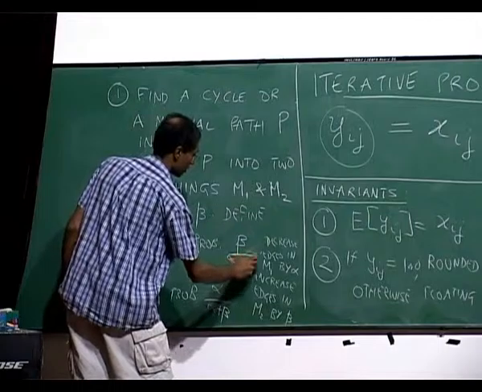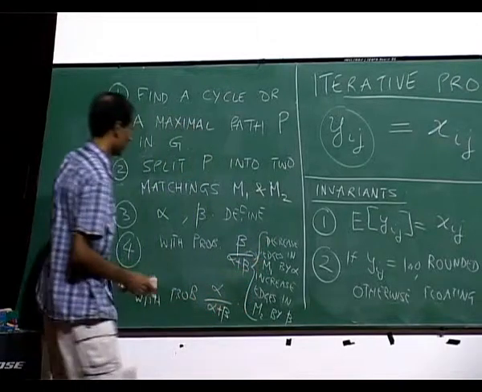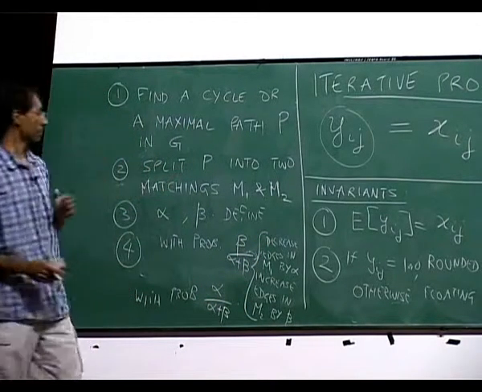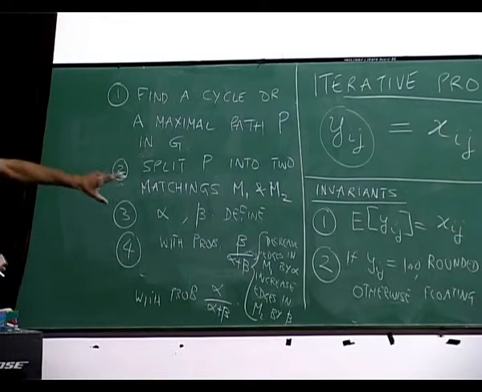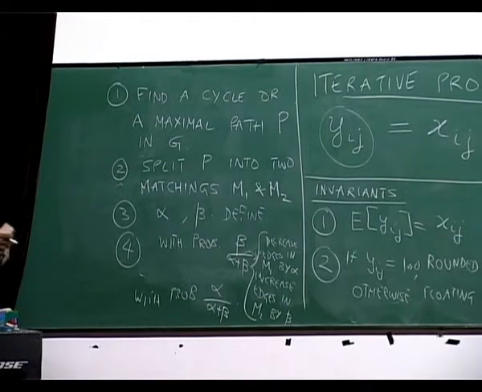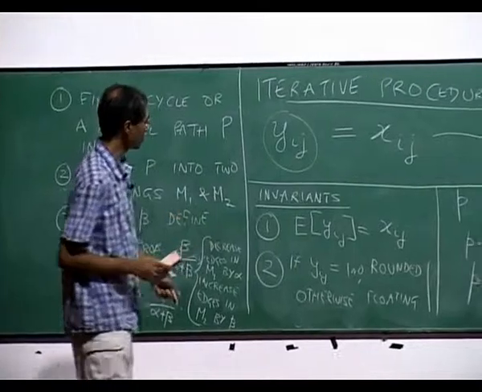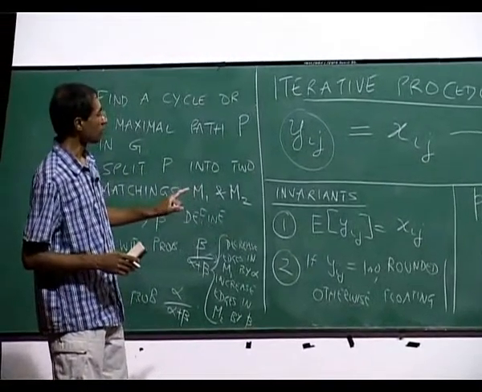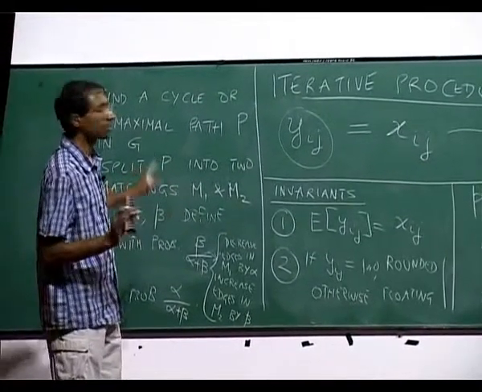So this is what I do here. With this I do just the opposite. Okay, so I just tried to be formal, but I think you can recover it based on what we have covered. So the rounding scheme entirely is this.